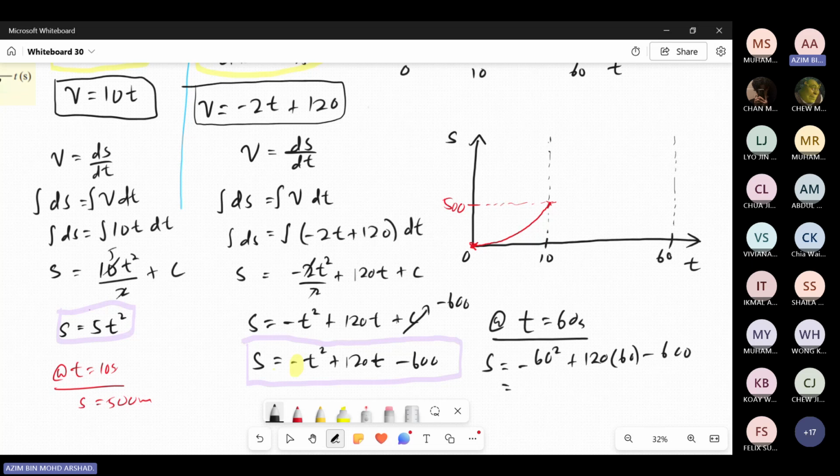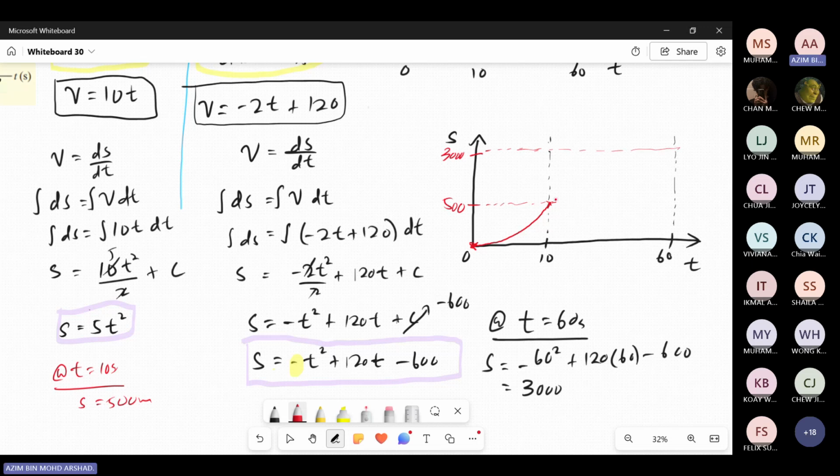And if you calculate this, okay, I'll use my calculator to calculate this. Give me a moment. So S equals 3000.